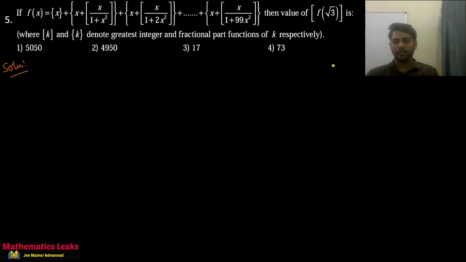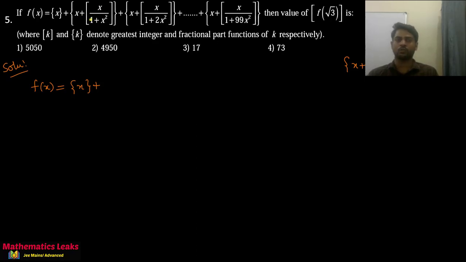As we know, fractional part of x plus any integer will be exactly equal to fractional part of x. So we can see that the given quantity, greatest integer of x upon 1 plus x square, is after all an integral value. So we can write the given quantity in simplified manner as: fractional part of x, the first quantity as it is. The second quantity is fractional part of x plus greatest integer of something.